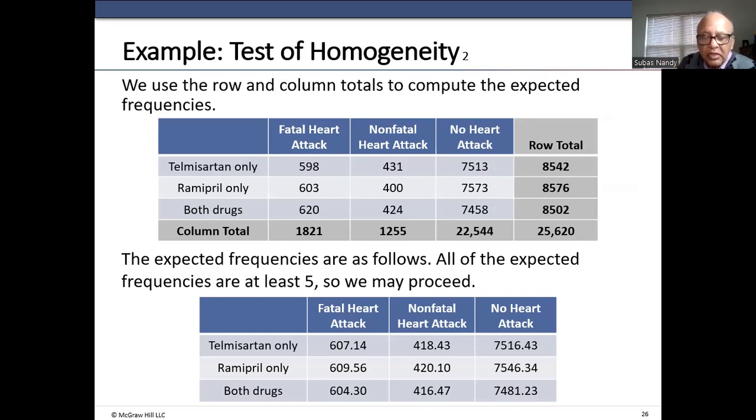Okay, so now we enter the observed counts in the first row, 598, 431, and 7513. In the second row, 603, 400, and 7573. In the third row, 620, 424, and 7458.